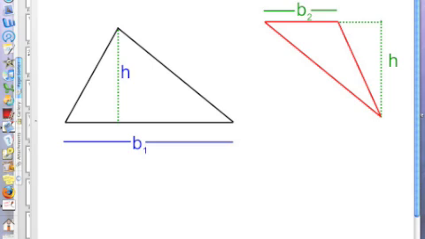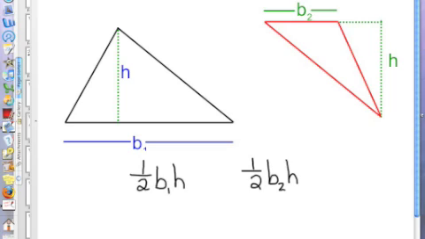If I don't know a formula for area of a trapezoid, but I do know triangles, this first triangle here, I would find the area by taking half of the base, which is labeled B1, and multiplying it times the height, correct? Now this other triangle, I would take half of the base, which is labeled B2, and multiply it times the height. And then to find the whole thing, I would add them together.